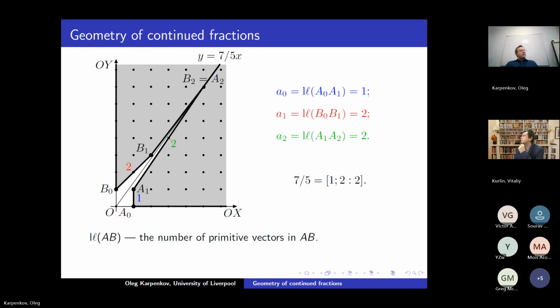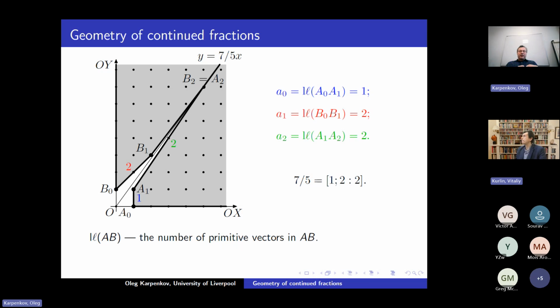Okay. But this is geometry. As I say, this is geometry of continuous fractions, and therefore you can actually view them from the picture. So alpha itself, the original 7/5, we insert as the slope of the line y equals 7/5 times x, or y equals alpha times x.